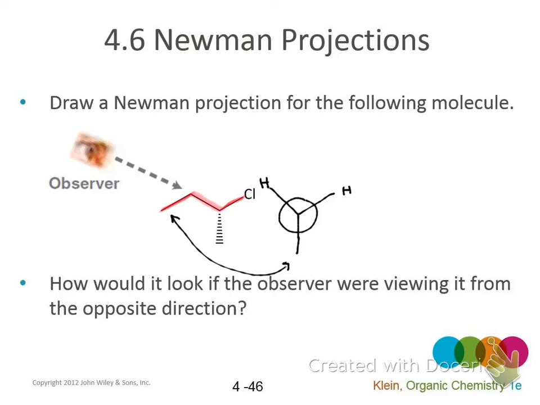In the back, the Cl is going straight up. So the Cl goes like that. So this is going to be Cl. That's this guy here. Now, where do the other ones go relative to that? 120.